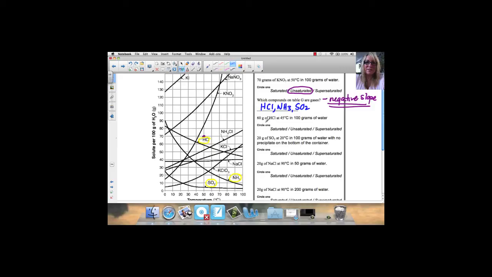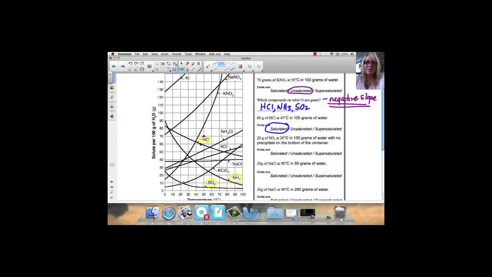60 grams of HCl at 45 degrees Celsius. So let's go to 45 degrees Celsius. Let's go to 60 grams. And here's our data point. Our data point is right on the HCl line, so that means it is saturated. 20 grams of SO2 at 20 degrees Celsius.